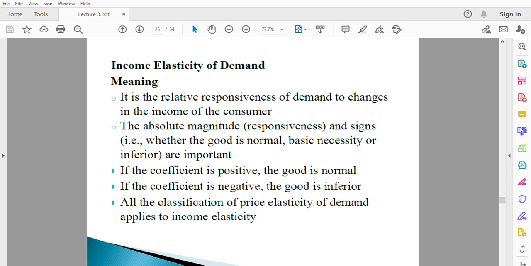If the coefficient is negative, the good is an inferior good. The coefficients, I mean, the answer we get when we calculate the elasticity. If it is negative, it's an inferior good. All the classifications of price elasticity of demand apply also to income elasticity of demand. Something very important to take note of.